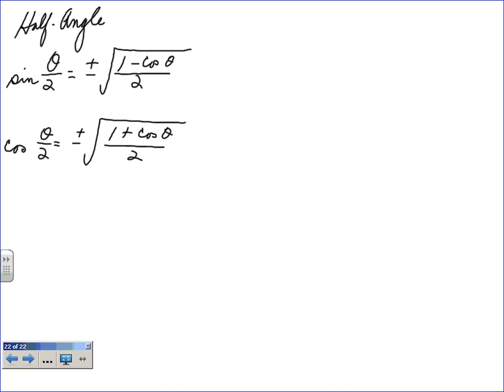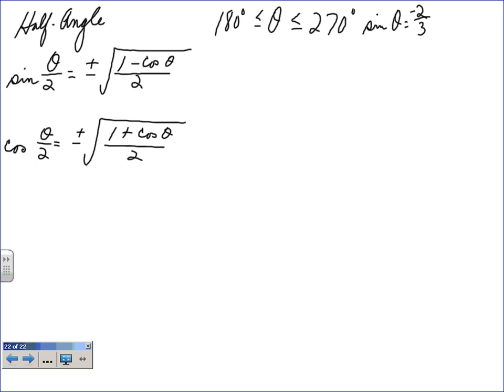Let's say that given theta is between 180 and 270, and sine of theta is negative 2/3. Makes sense. Sine is negative in the third quadrant.